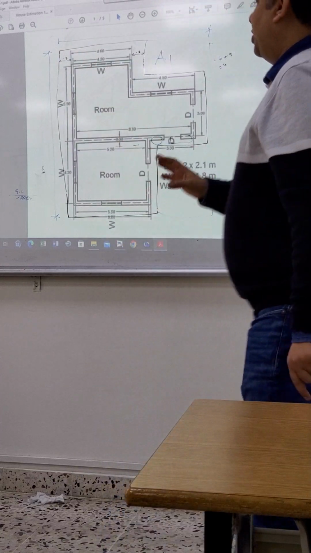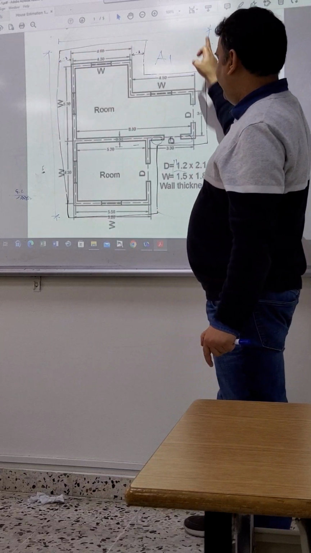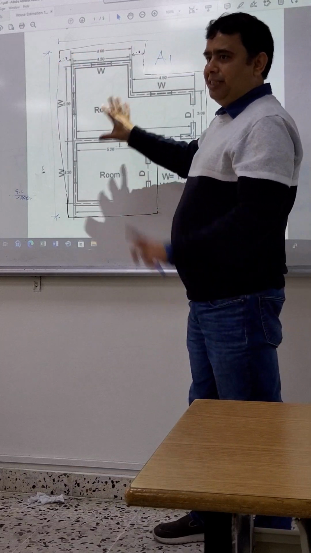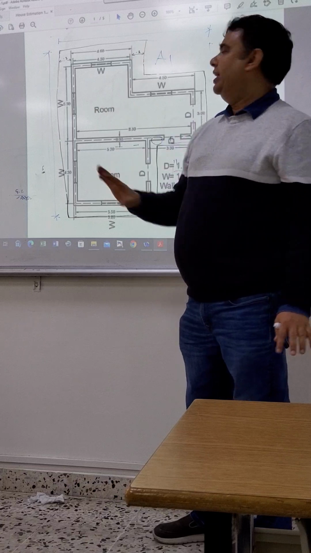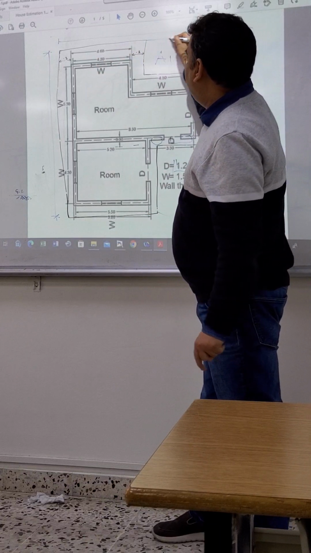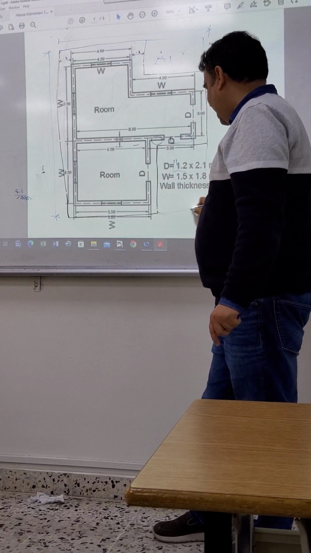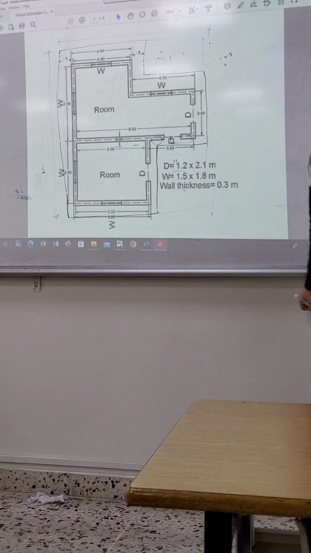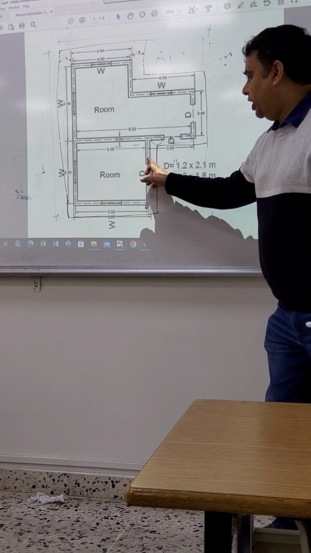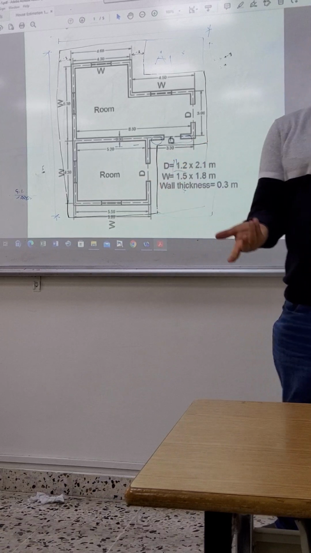Because 0.3 is a projection, you can find the total length here, total length here, multiply it by the thickness, and you find the quantity. Then only this part of the slab you have to deduct, and this part of the slab you have to deduct. Because here 0.3 you are moving here and 0.3 you are moving here, the distance will be 3.3.